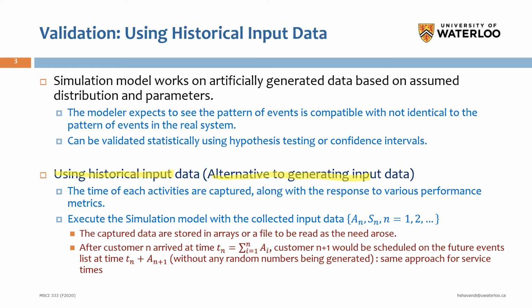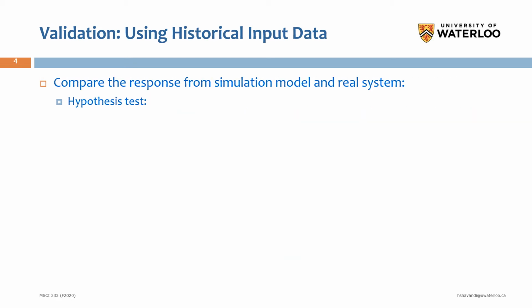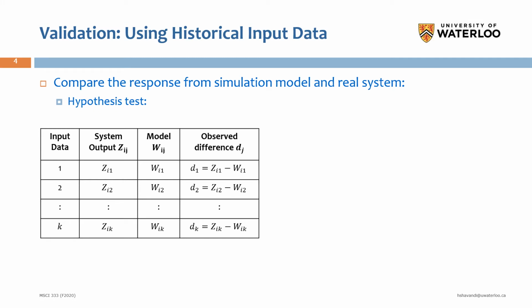So this is called the validation using historical input data. Here we compare the response from a simulation model and the real system with the historical input data using a hypothesis test.